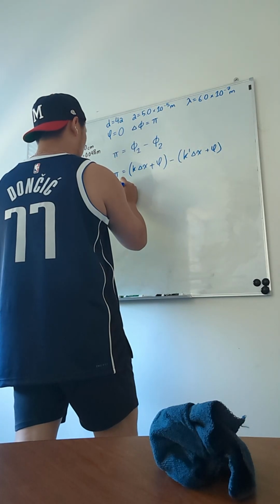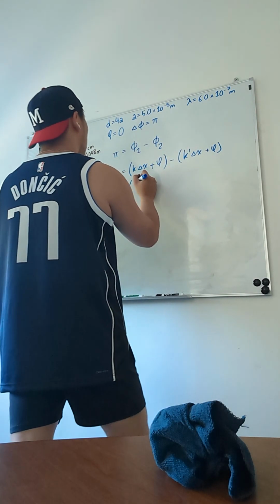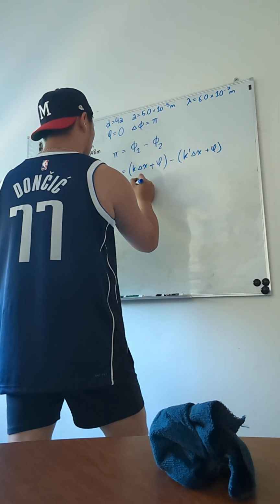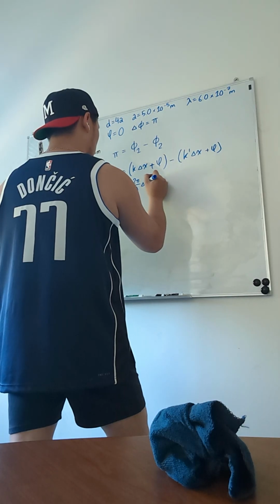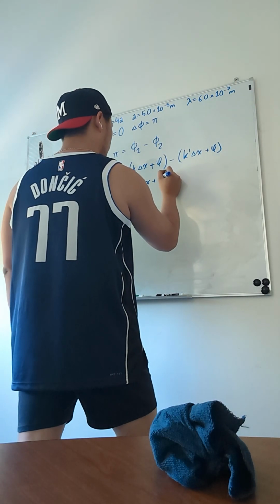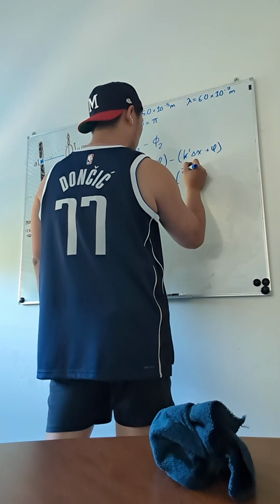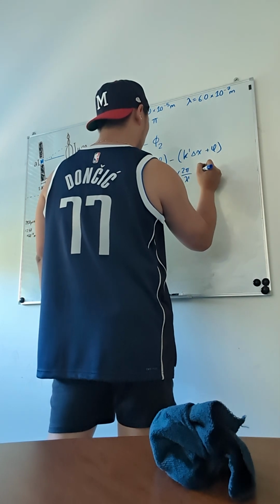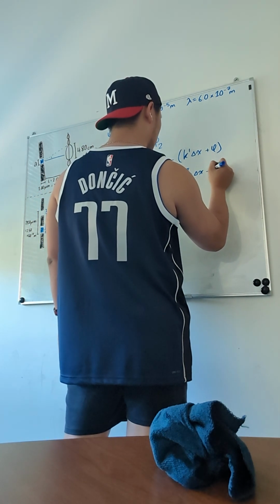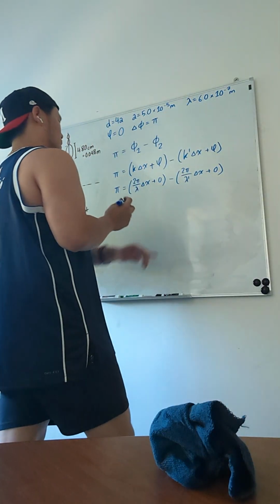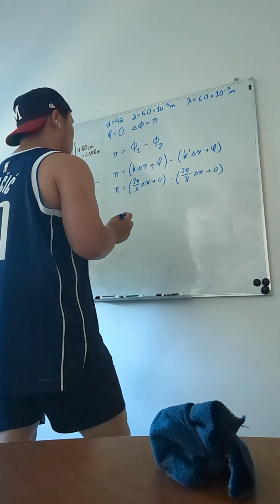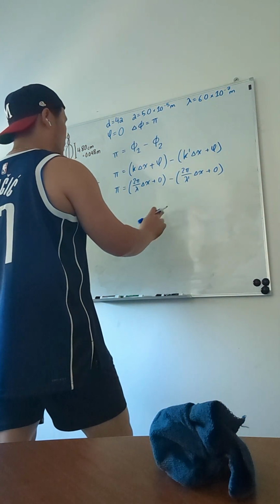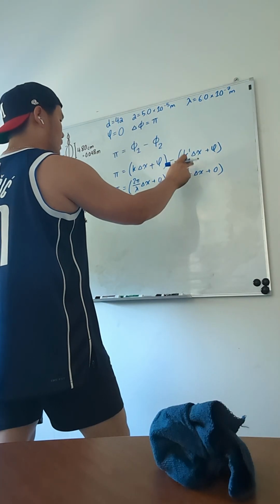So let's put in 2 pi over lambda for k, del x plus 0, minus 2 pi over lambda prime del x plus 0. So what's lambda prime? Well, lambda prime is lambda over n, but because it's in the denominator, we put n over lambda.